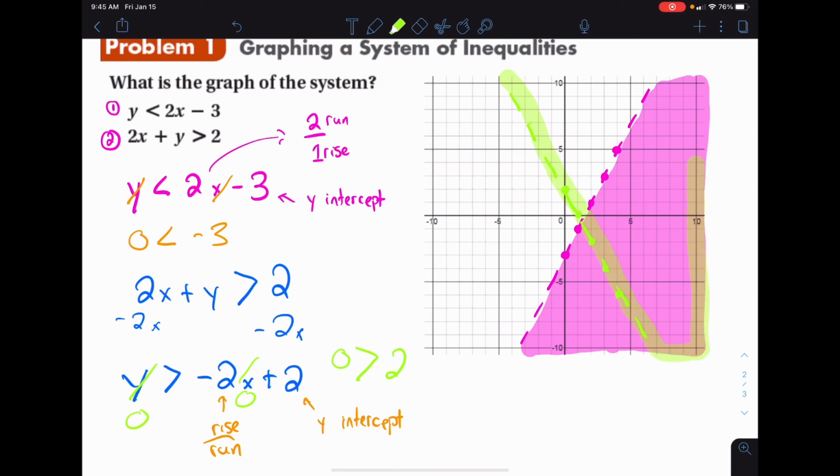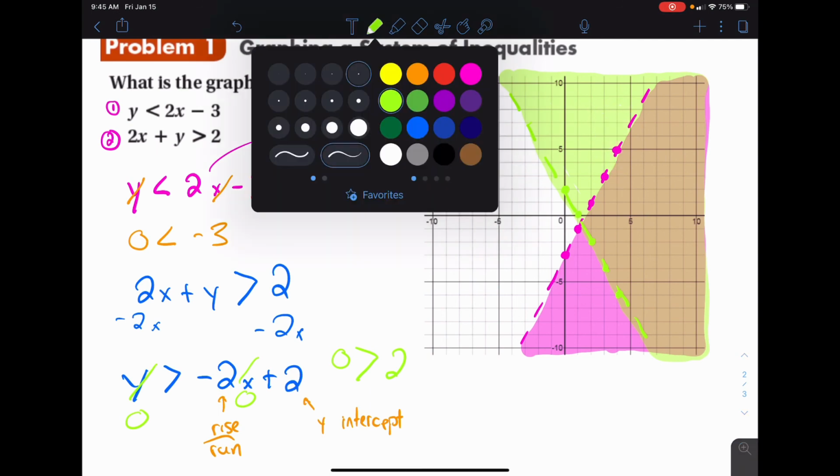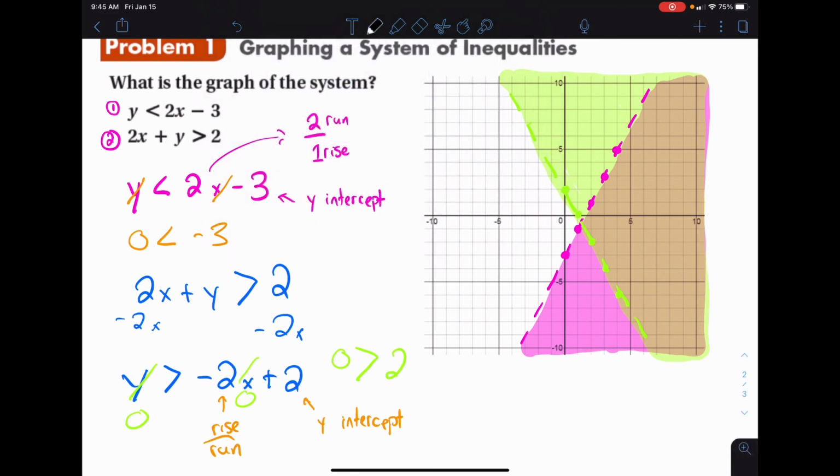Okay. So while I'm shading this, what this represents is that anything on that side of the line that's been shaded is a possible solution, because it's a system, not one set of ordered pairs. What we can see now is that we have our solution for our first inequality here in the pink, and our solution for our second inequality here in green.